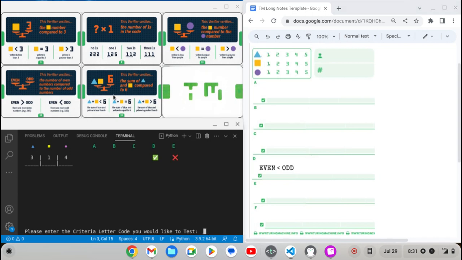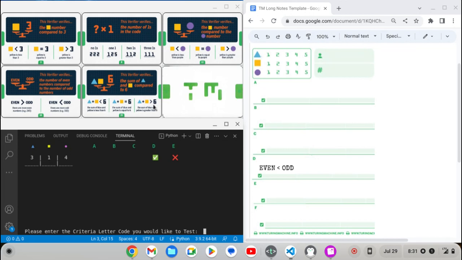Okay, so for criteria card E, notice that we are adding the first 2 digits. I did choose a 3 for triangle and a 1 for square. That sum is 4. It's less than 6, but the Turing machine does not approve of that. So that means either the sum is equal to 6 or greater than 6.